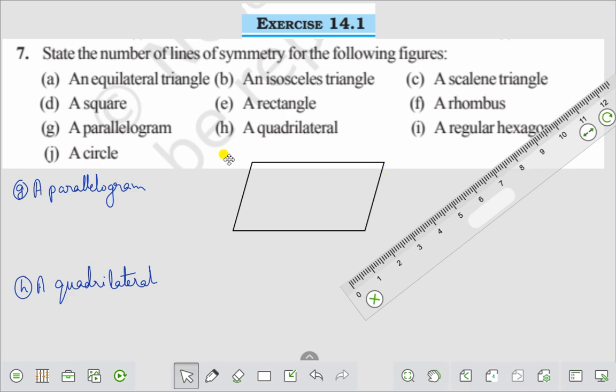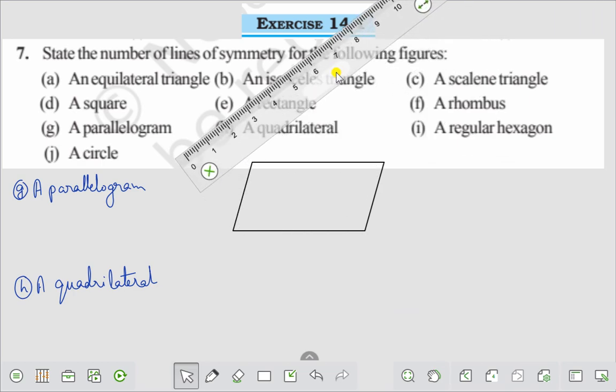If you draw the diagonal, there is no line of symmetry. Therefore, in case of a parallelogram, the number of lines of symmetry is 0, right? That means there is no line of symmetry.